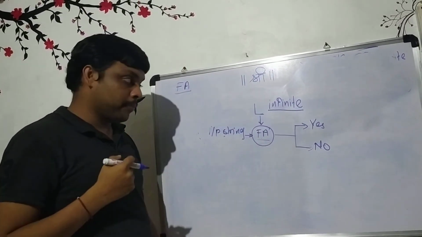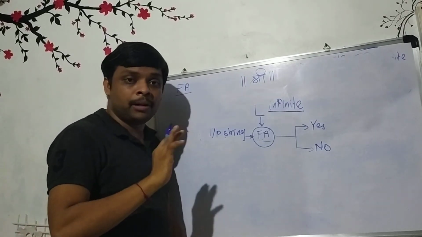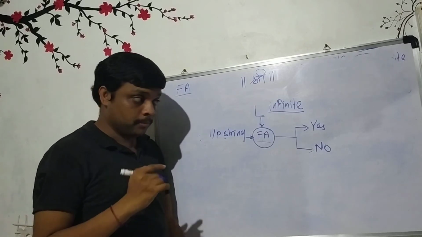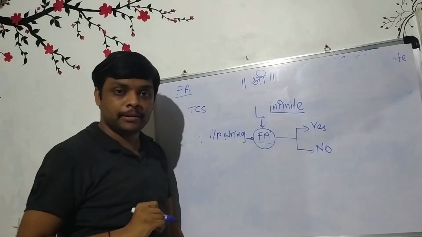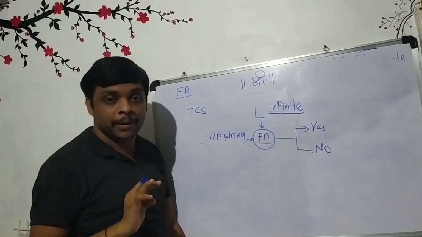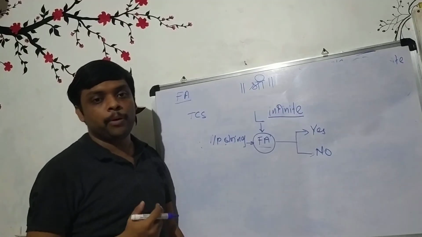As I said earlier, these concepts are very difficult to understand. This particular subject, TCS, is considered one of the complicated subjects of the computer engineering department. You can verify this with the help of your seniors.